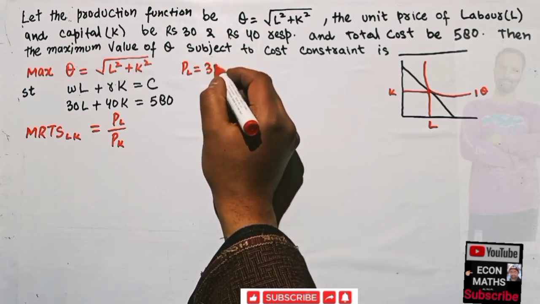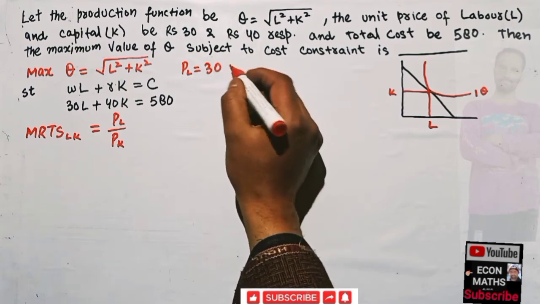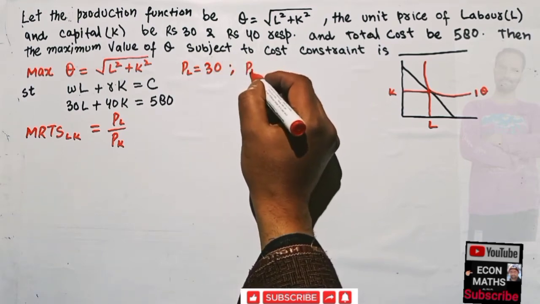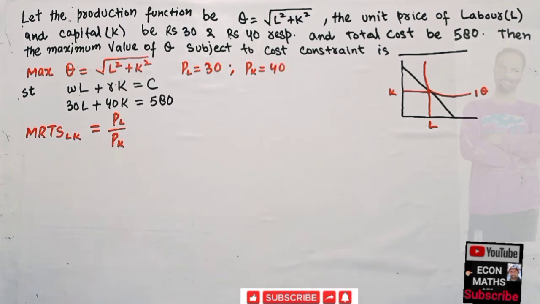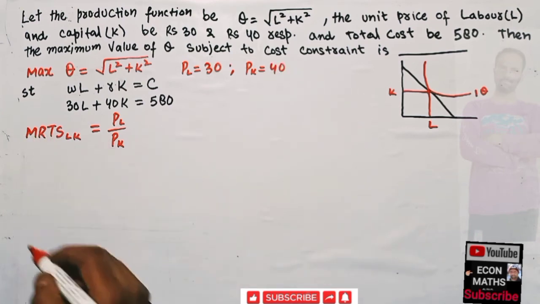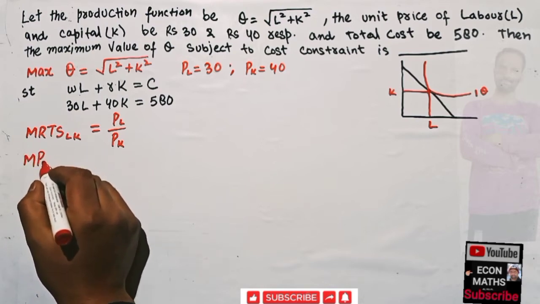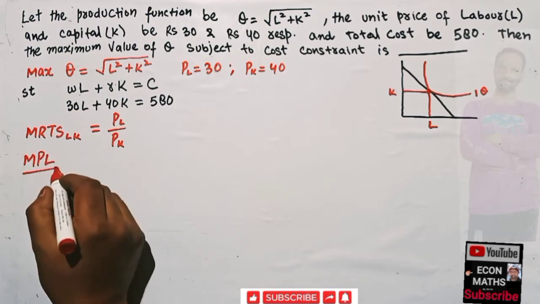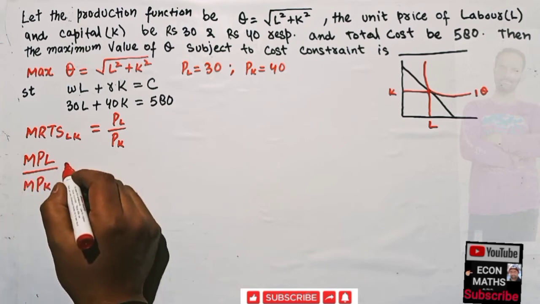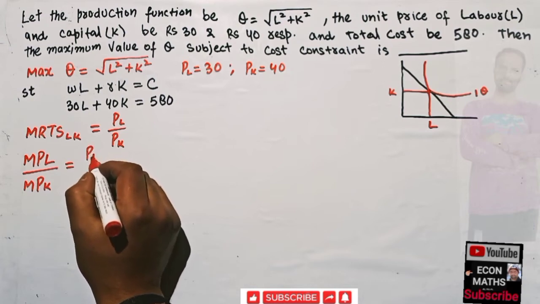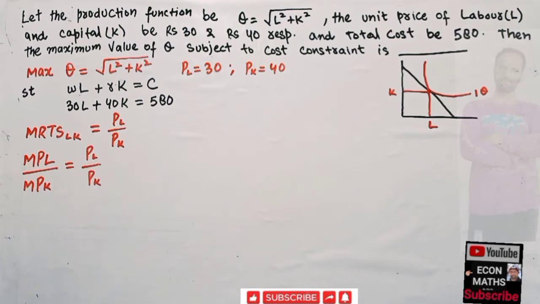I have written W for the sake of simplicity, and price of capital is given as 40. Now marginal rate of technical substitution means marginal productivity of labor upon marginal productivity of capital should be equal to PL upon PK.